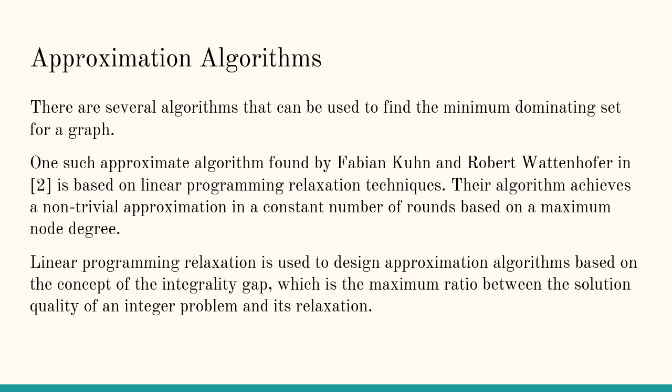Their algorithm achieves a non-trivial approximation in a constant number of rounds based on a maximum node degree. Linear programming relaxation is used to design approximation algorithms based on the concept of the integrality gap, which is the maximum ratio between the solution quality of an integer problem and its relaxation.